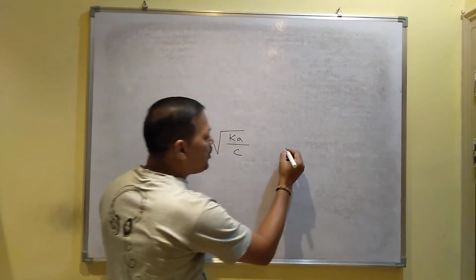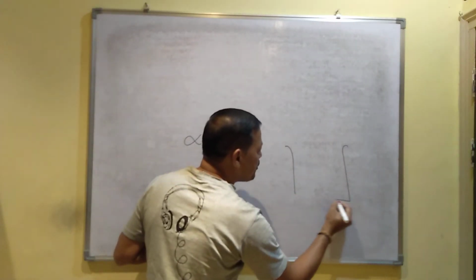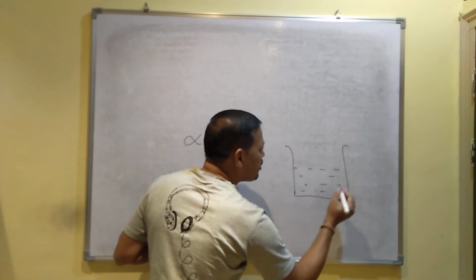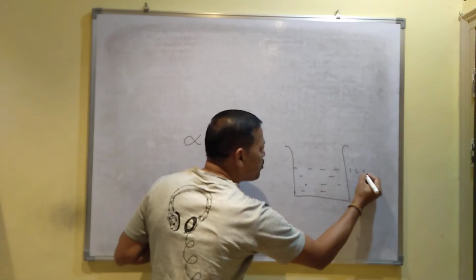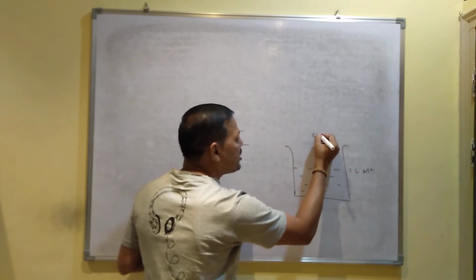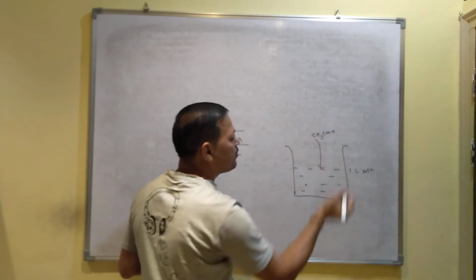Practically, if you want to explain it, suppose this is a solution and the solution volume is 1 liter, and in this solution acetic acid is present as electrolyte.